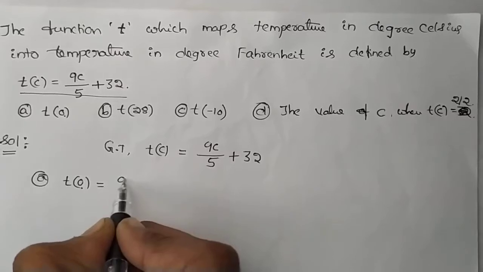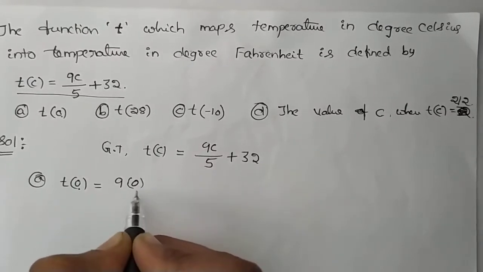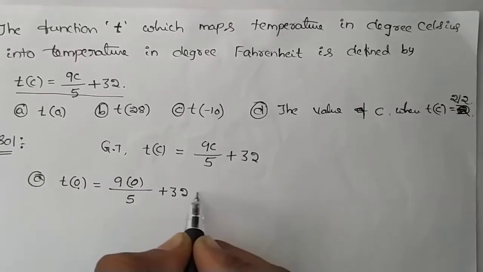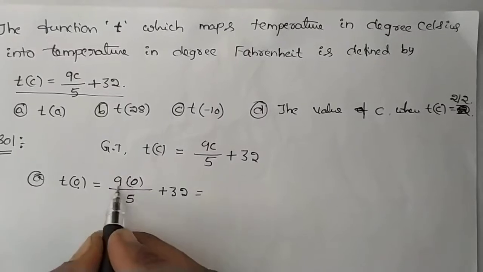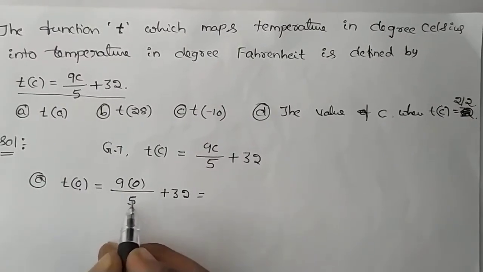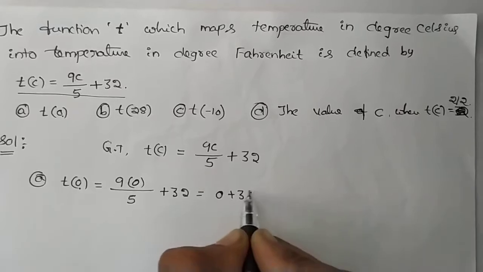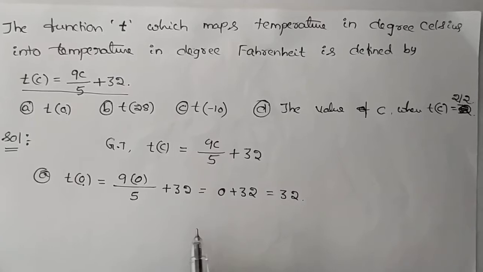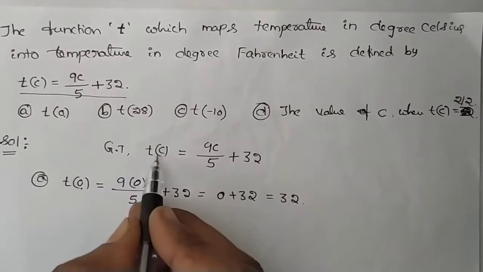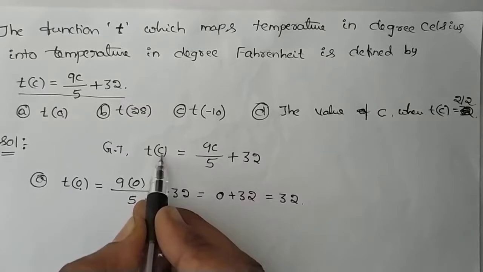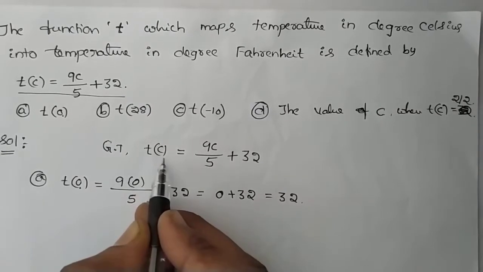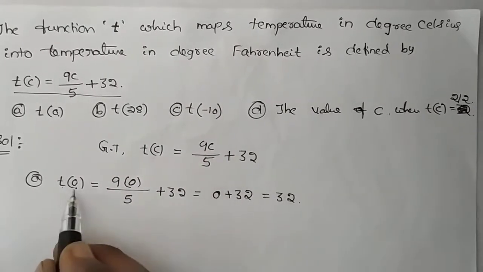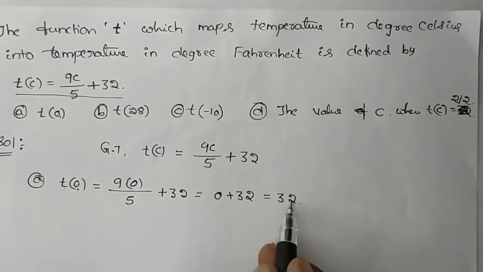T of 0 equals 9 into 0 divided by 5 plus 32. 9 into 0 is 0, 0 divided by 5 is 0, 0 plus 32 equals 32. Then we will get the value for T of 0. Therefore, the value of T of 0 is 32.